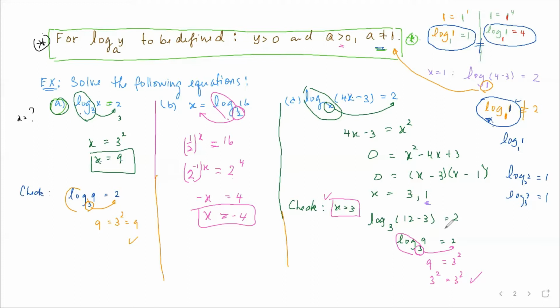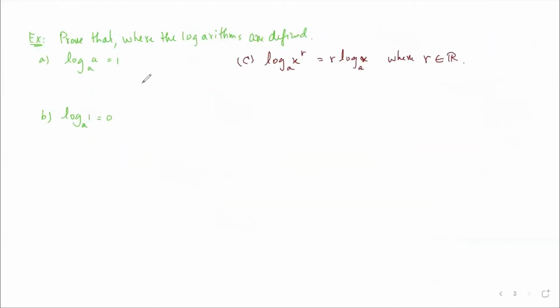Okay, now we go to the next example. This one, ABC, is a formula you can keep in mind. Like I just told you, log 2 base 2 equal to 1, log 3 base 3 equal to 1.